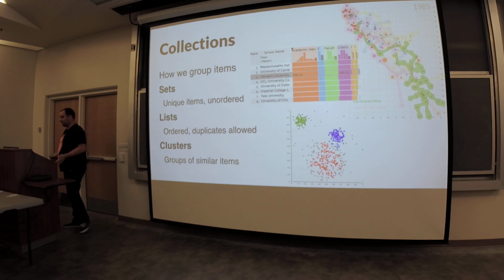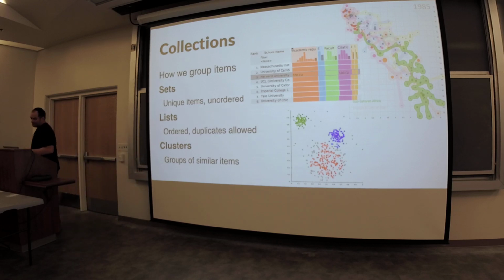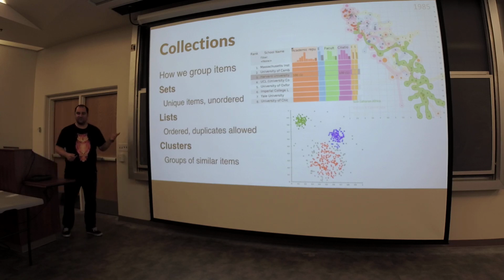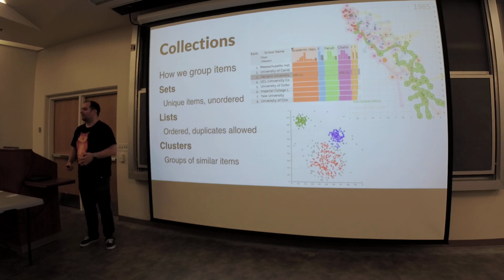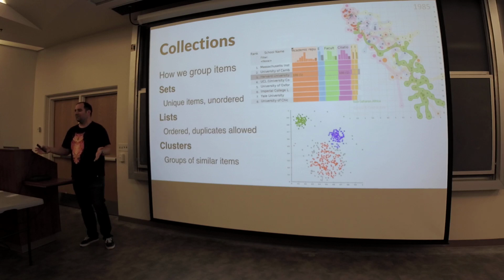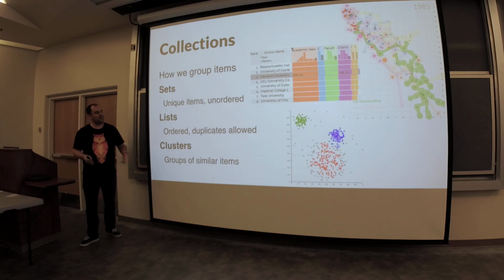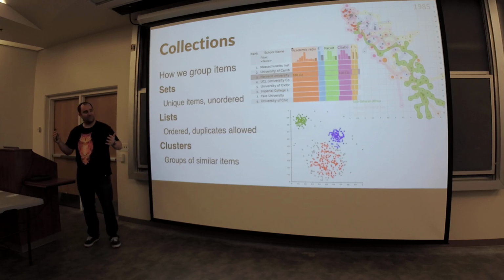And then it's useful to also think about clusters. Clusters and sets are very related. My distinction here is that clusters express some kind of not-objective similarity, whereas a set is something that is really hard-coded. Like restaurants versus subway stations, that's a set distinction, right?